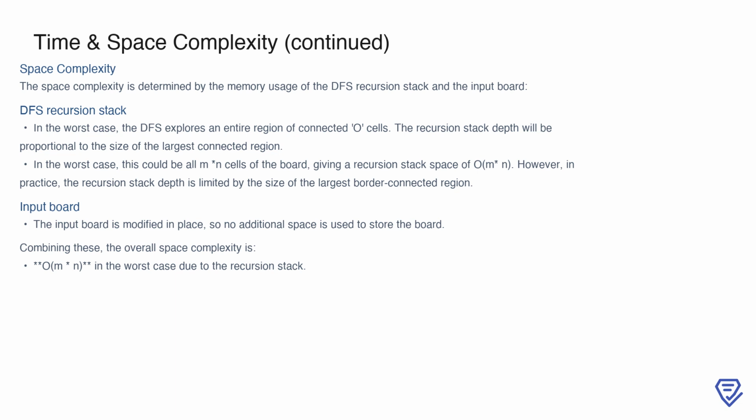If the entire board is one large region of O cells, the recursion stack could grow to O(m*n). However, in practice, the depth is limited to the size of the largest border-connected region. As for the input board, since the algorithm modifies the board in place, no additional space is needed to store it. Combining these factors, the overall space complexity in the worst case is O(m*n), primarily due to the recursion stack.